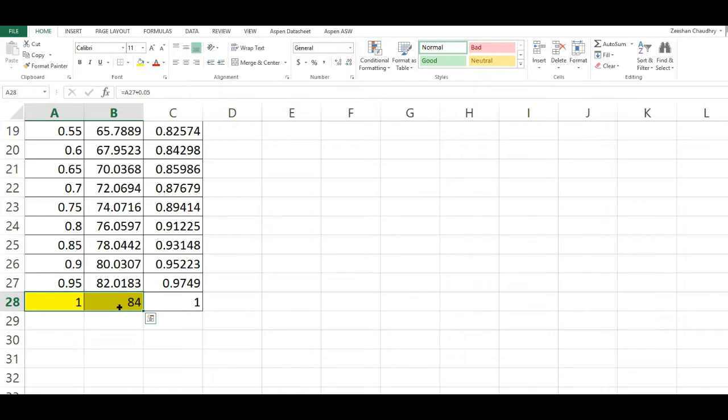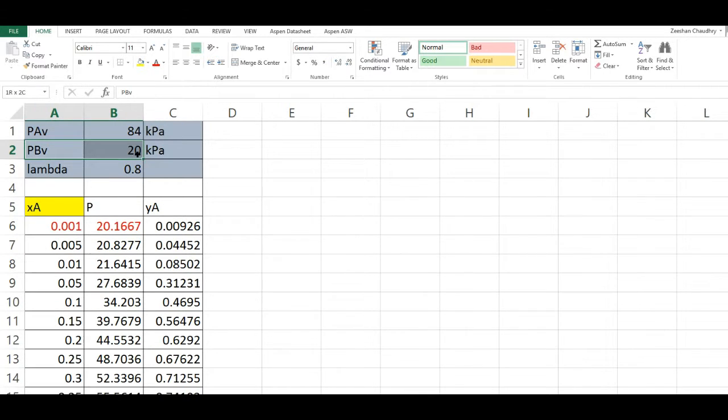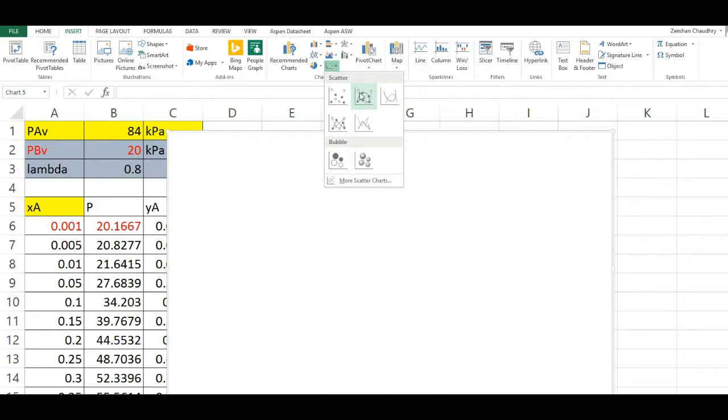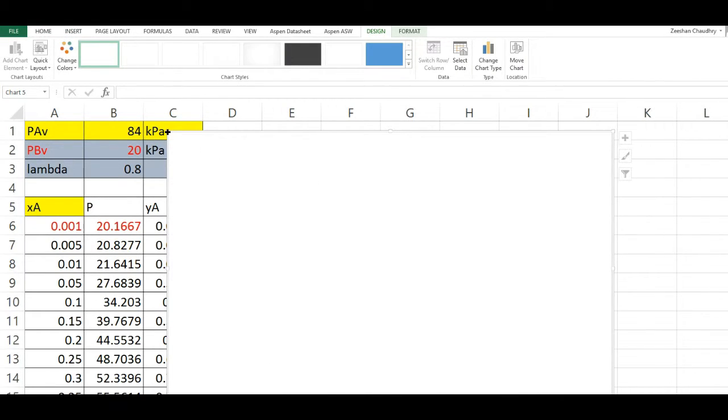So it makes sense that the pressure P of our vapor is 84 kilopascals, because if there is no species B present, then all we have is pure species A in our system, and thus the vapor pressure will be the pure vapor pressure of species A at 84 kilopascals. So let's go ahead now and plot this data and see if it makes any sense according to graphs we have already seen before.